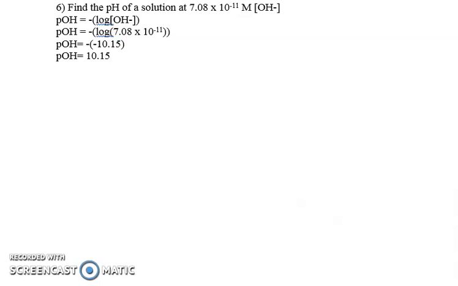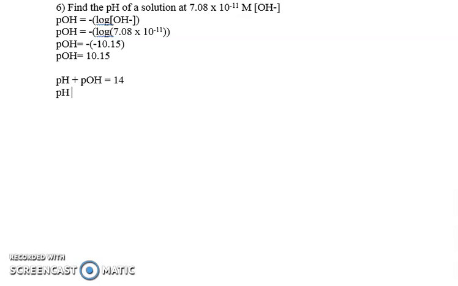Okay. So we have the pOH, but they're asking us for the pH. Can we use another formula to calculate then what they're asking us for? Why, certainly. You have this formula over here as well, which means that we can use it to calculate the pH.